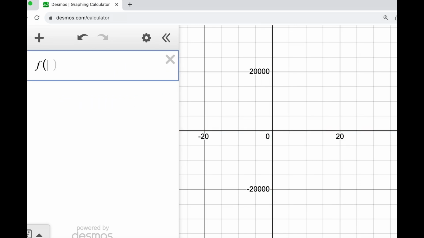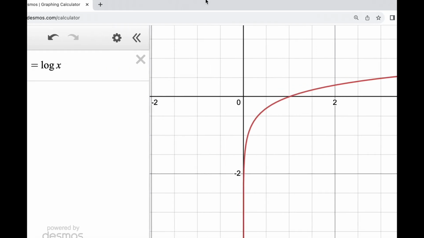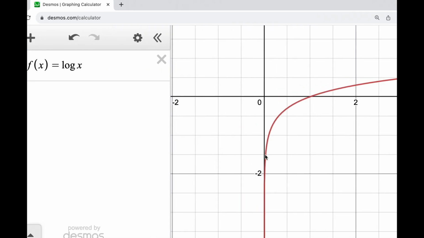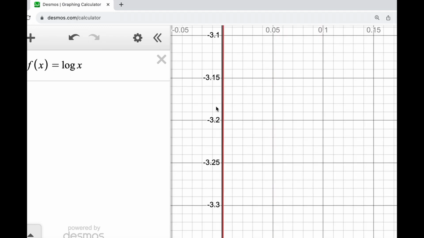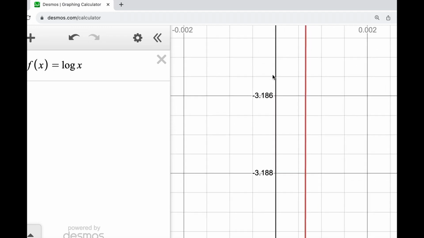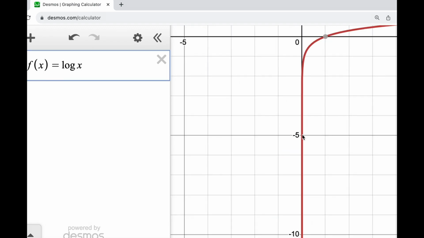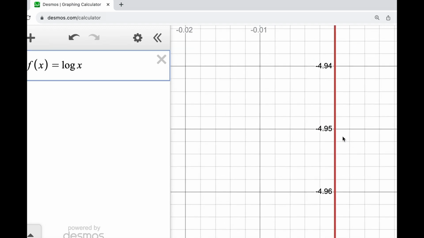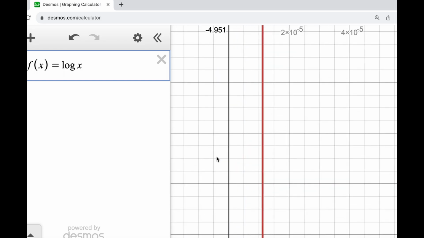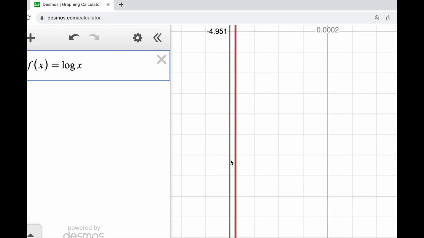Let's also look at the function log x. It has an asymptote at x equals 0. And what it does is it keeps approaching the y-axis. So even though it looks like it might touch the y-axis, if you zoom way in, we could see that it's not quite touching.